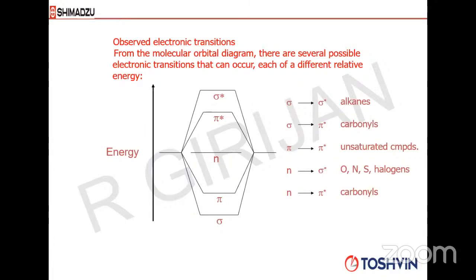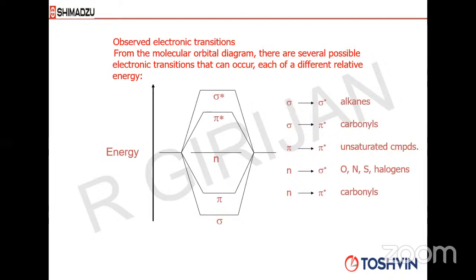Okay, so sigma to sigma star transitions are possible with very high energy involvement, in saturated hydrocarbons, alkanes. For carbonyl compounds, most of the transitions we can note and record, and that is basically sigma to pi star transition.